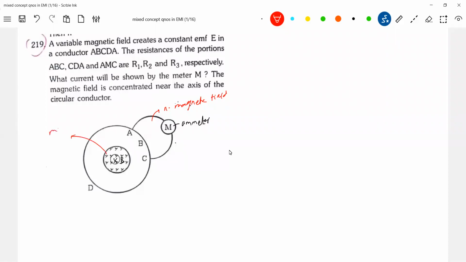This is a magnetic field, varying, where the net EMF induced in this will be E. So here I'll draw the circuit.